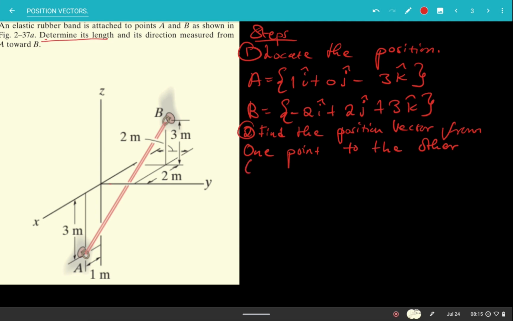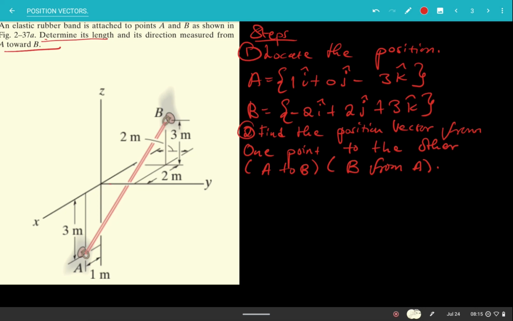In our case, as you can see, it is A towards what? B. So when they say A to B, it simply means that I'll be at B from what? A. That's what it means.